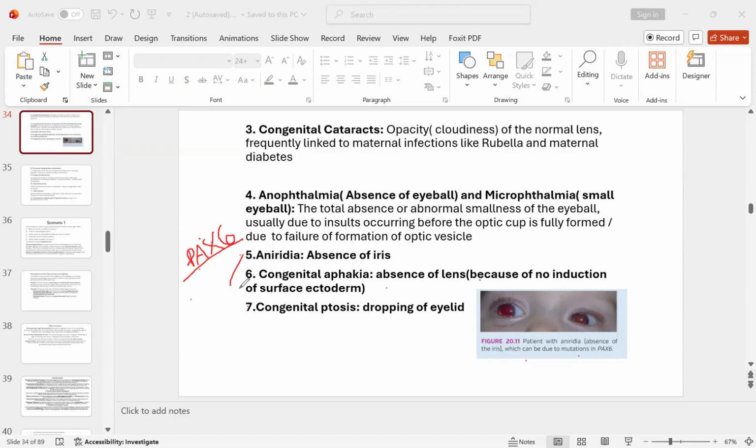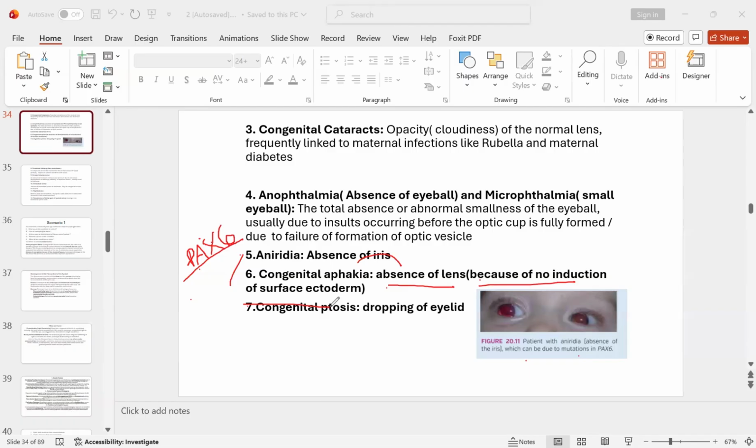So now let's move to congenital aphakia. Aphakia means absence of lens, and this condition occurs when there is no induction of surface ectoderm. As I mentioned in the second lecture, when the optic vesicle touches the surface ectoderm, it induces differentiation in the overlying surface ectoderm, and that differentiation results in the formation of lens placode.